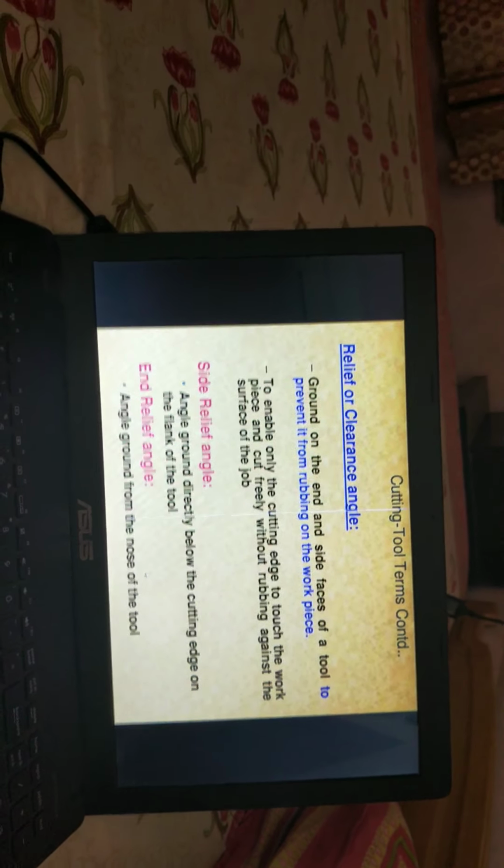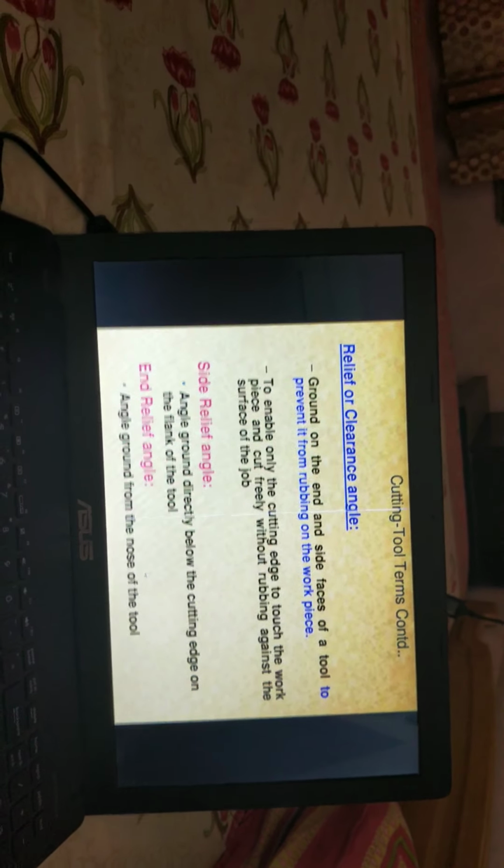Because if this angle is less and the tool is rubbing against the job, automatically there will be friction which is going to resist the movement of the cutting tool as well as the workpiece.